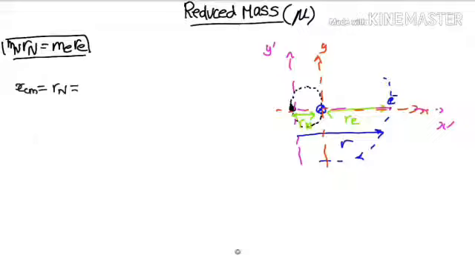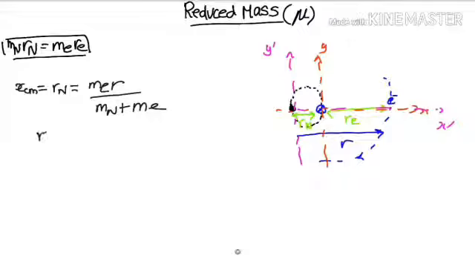This is equal to the mass of the electron times R divided by mn plus me, right?